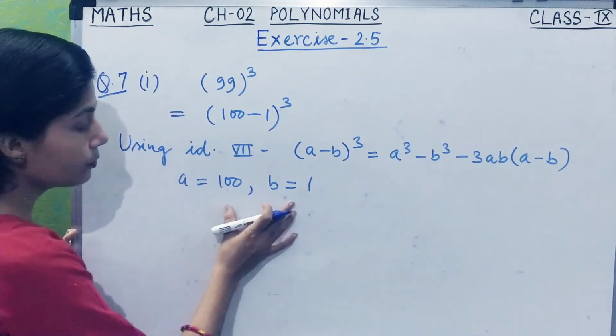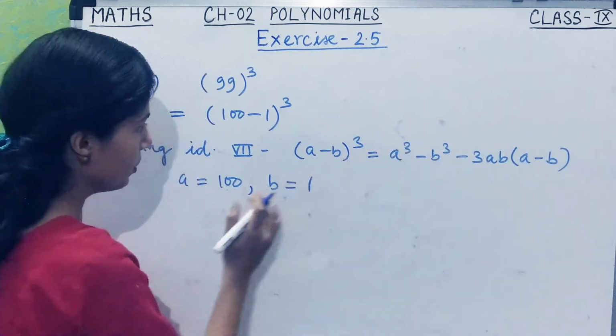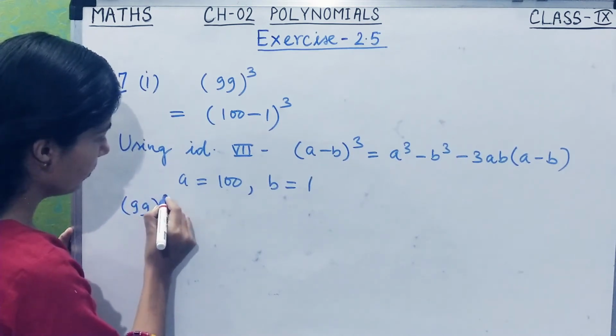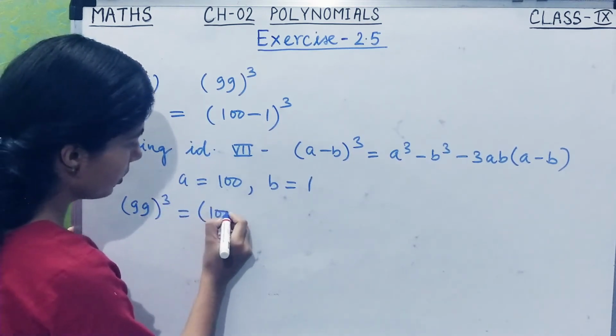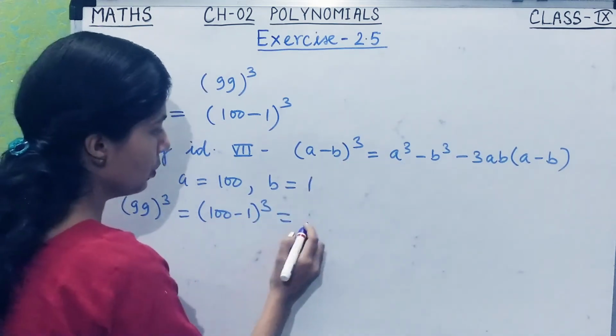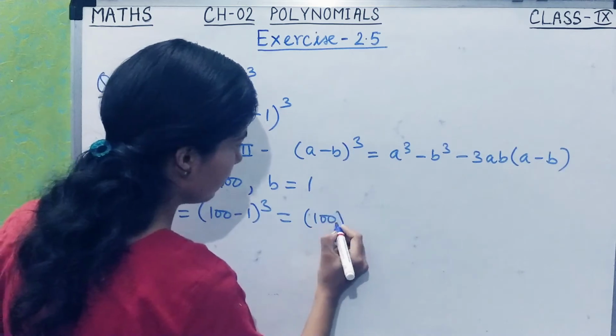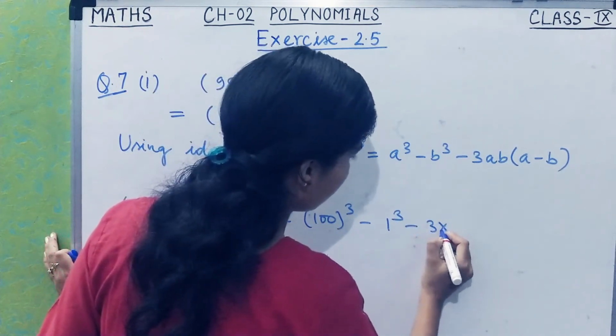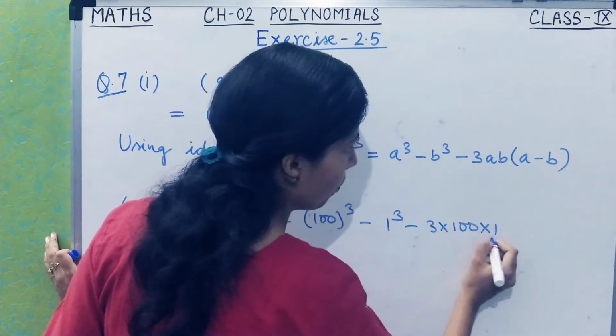So now we will put these values here. So 99 whole cube equals (100 minus 1) whole cube, and that equals a cube, means 100 cube, minus cube of 1, minus 3 into 100 into 1.